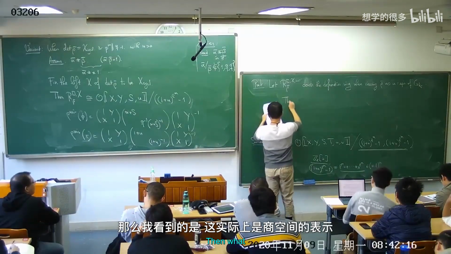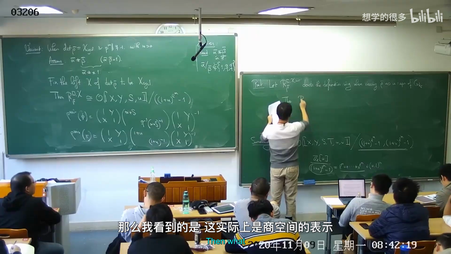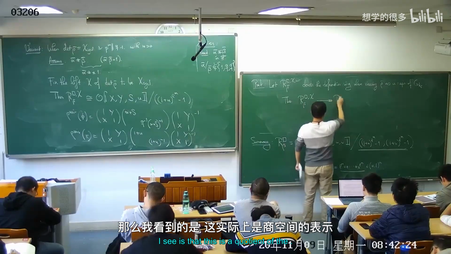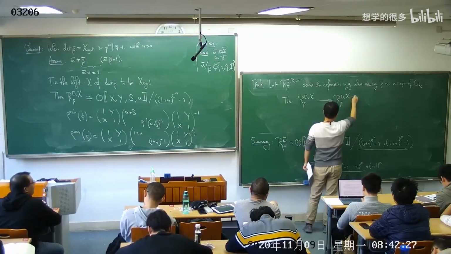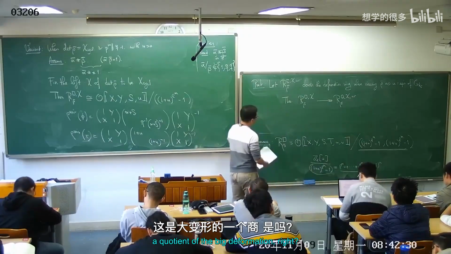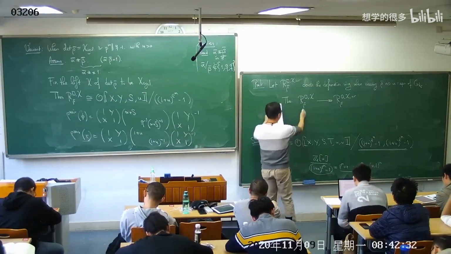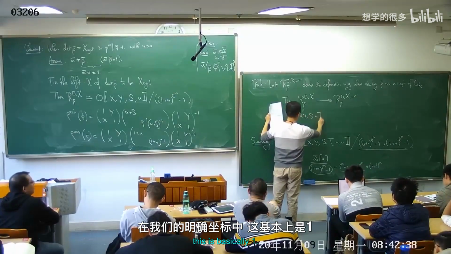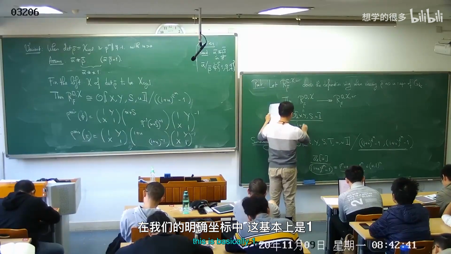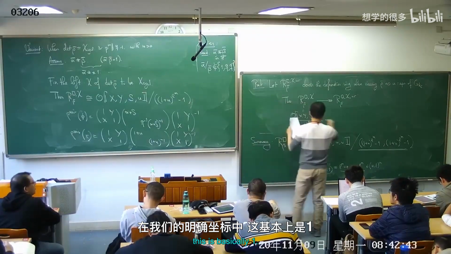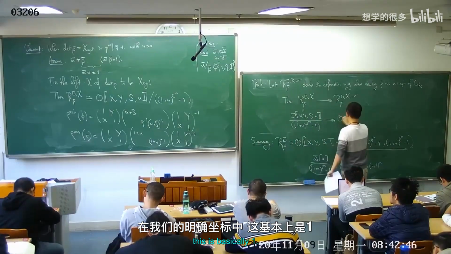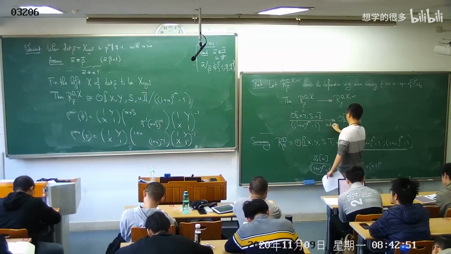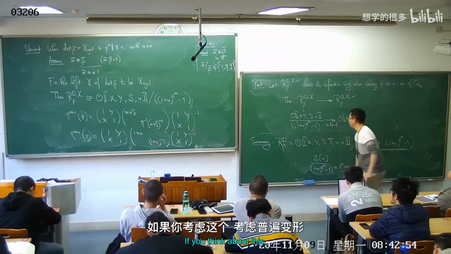Then what I see is that this is the quotient of the big deformation ring, and in our explicit coordinates, this is basically mod u minus 1.